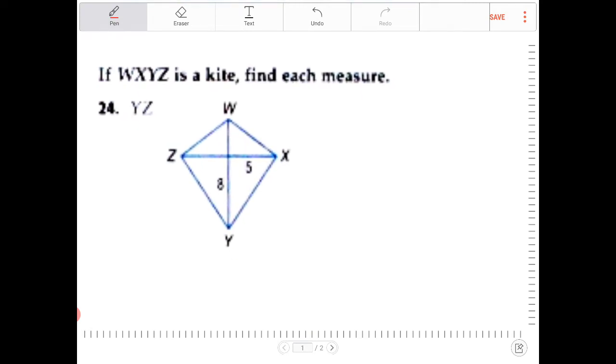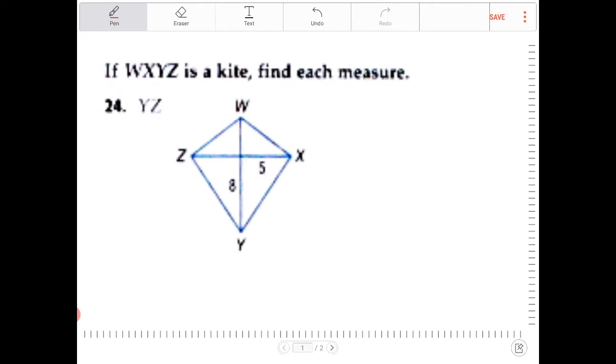WXYZ is a kite. Find each measure. I need to find out what YZ is. YZ is this guy right here. So one diagonal will be the perpendicular bisector of the other, and not of each other. Here, I know that this is a right angle. The diagonal here should be 5, and I don't know what the other one is, but that's not the point.